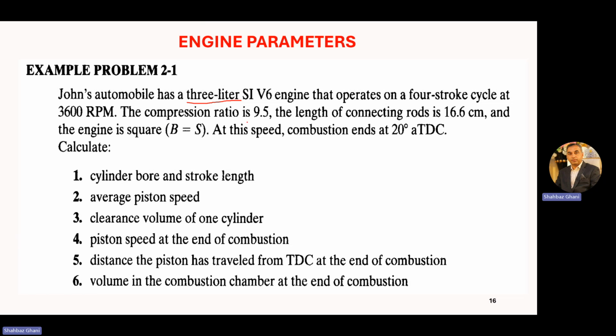The compression ratio is 9.5 RC. The length of the connecting rod R is 16.6 centimeter and the engine is square. So bore is equal to stroke. Both have the same values. At the speed, combustion ends at 20 degree after TDC.